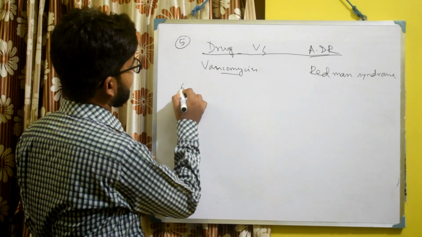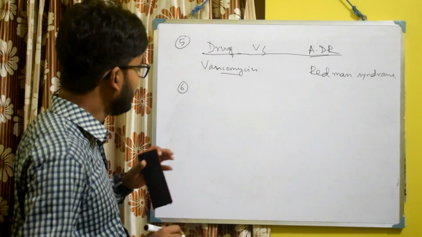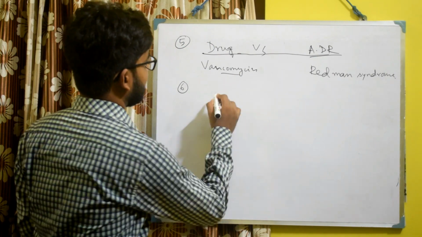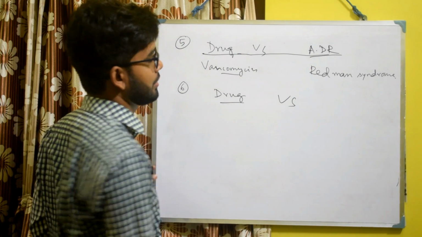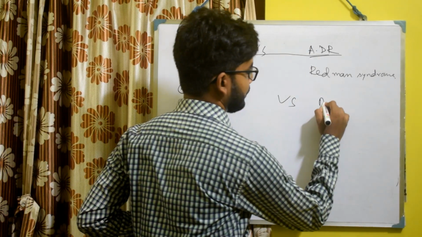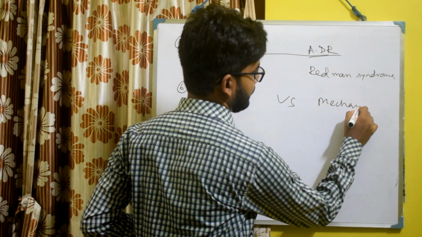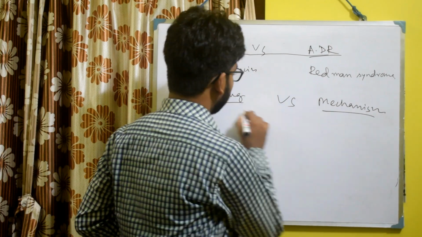Then number 6, you can also make a drug versus mechanism table.